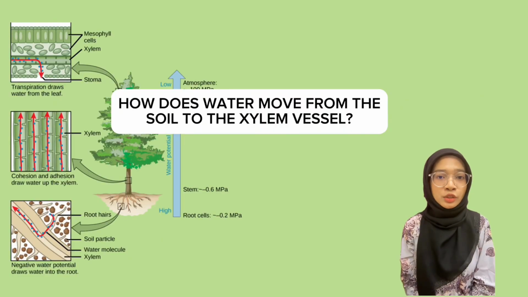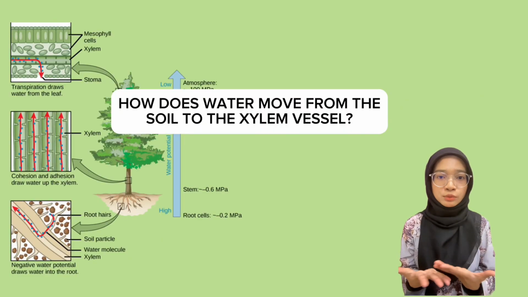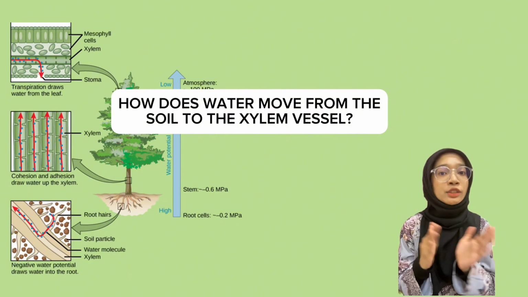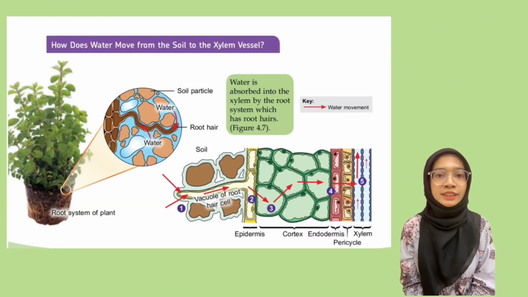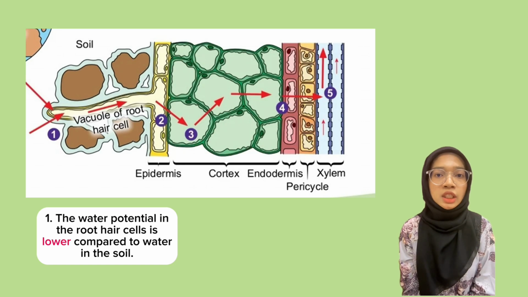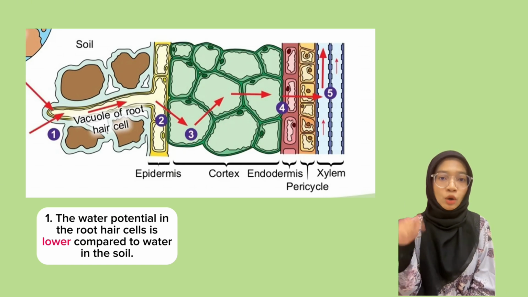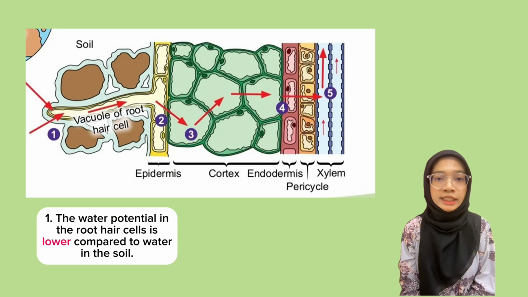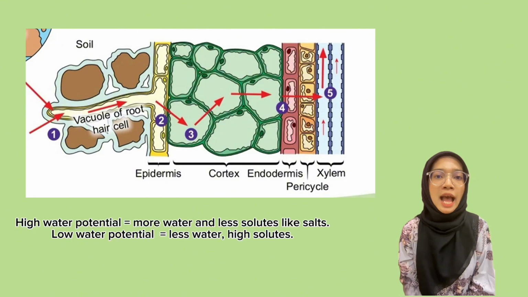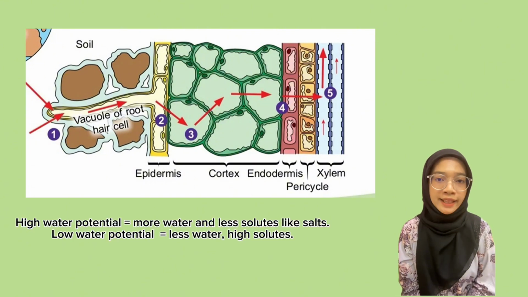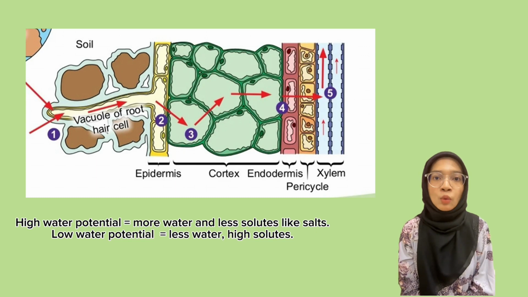Now, we will look at the detail of how water moves from the soil into the xylem vessels, which is the root pressure. Firstly, the water potential in the root hair cells is lower compared to water in the soil. Please remember that high water potential means there is more water and fewer solutes like salts, while low water potential means less water and more solutes.